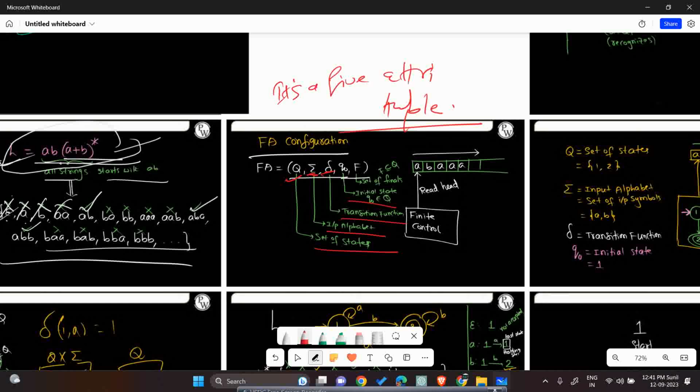Q naught is the initial state, which belongs to Q. Q naught belongs to Q because Q is a set of states, and the initial state is a special state from which acceptance of a string starts.